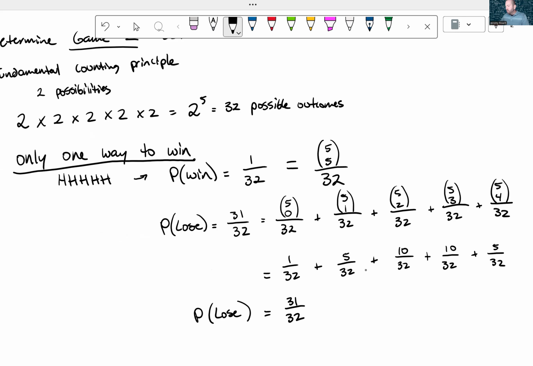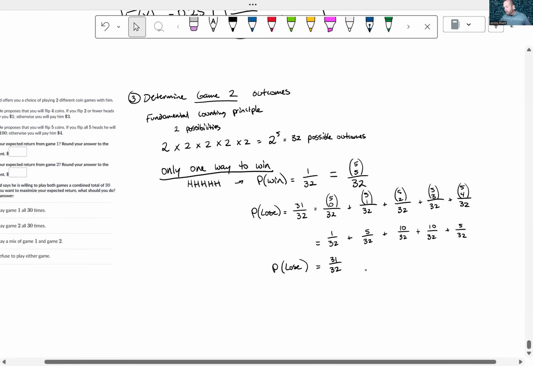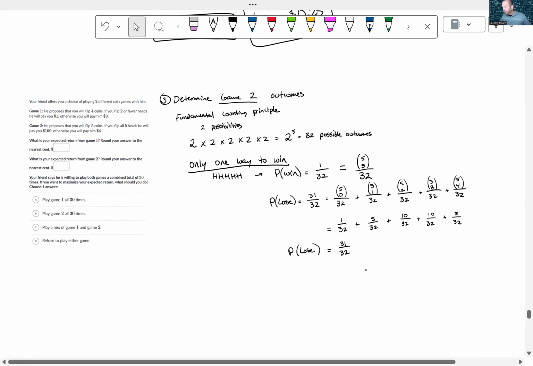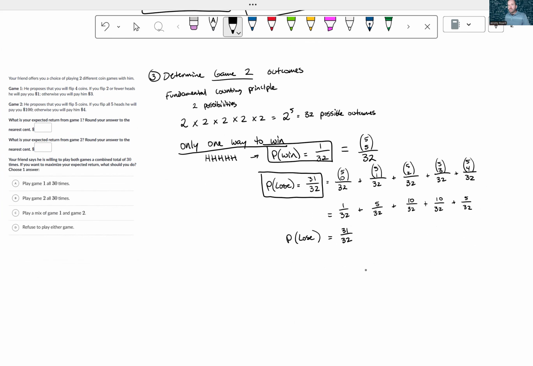That way you don't have to write out the whole table. So using the fundamental counting principle, that's our possible outcomes, our denominator for our probability, and then combinations is the numerator for our probability. Okay, so we have the probability of winning, 1 over 32, and probability of losing, 31 over 32. Now we're going to calculate the expected value for game number 2.